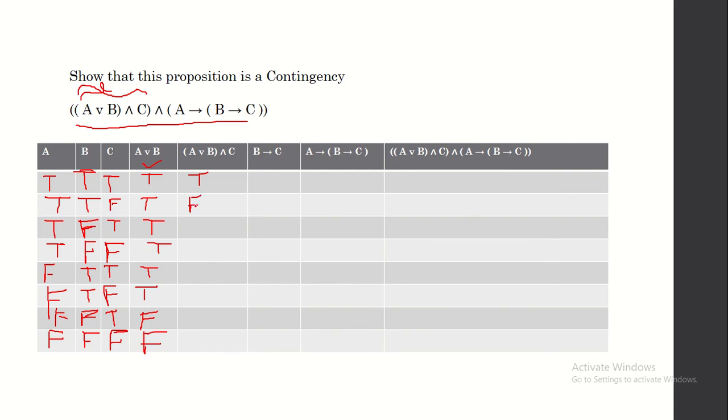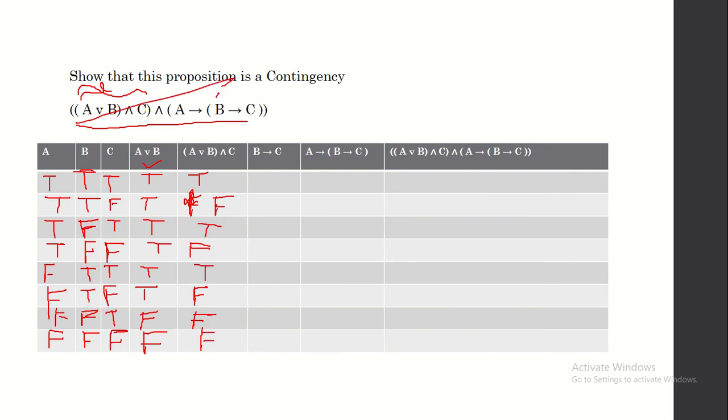We know that when we do the AND operation, if one is false, then the result will be false. So this is false. After that, this will be true, this will be false, this will be true, false, false, false, and the last two will also be false.